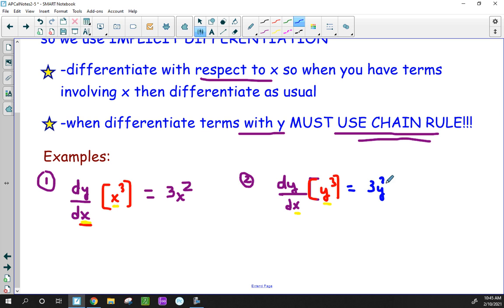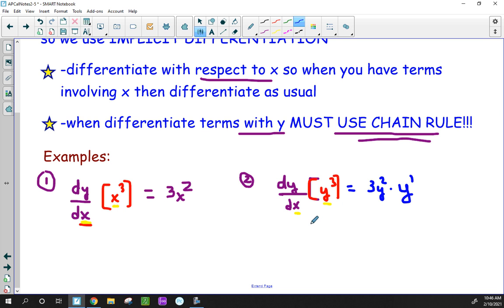And then you'll need to do y prime. Find the derivative with respect to y. But I usually just write it like this. Alright, so that's the new part.